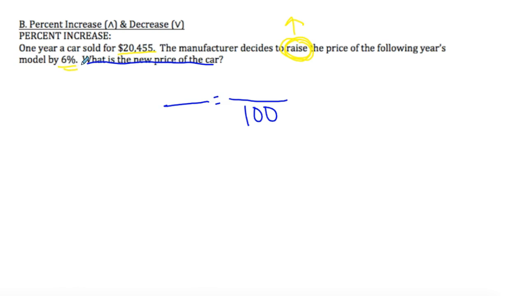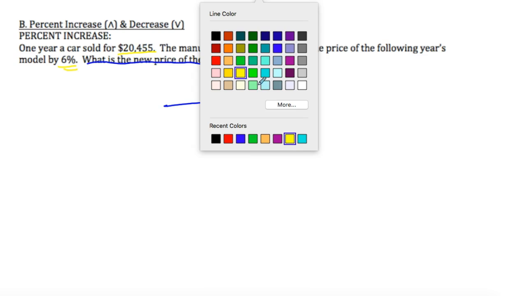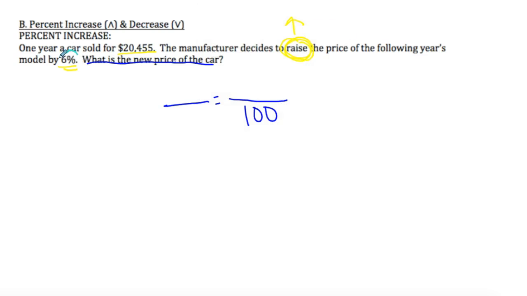Okay, so if this is a percent increase or a raise or something that goes up, the way that we get that percentage is we take our percent raise and add to 100. So we're going to add the percent to 100. If you are at 100%, that means you're at full capacity, you're keeping it as is.